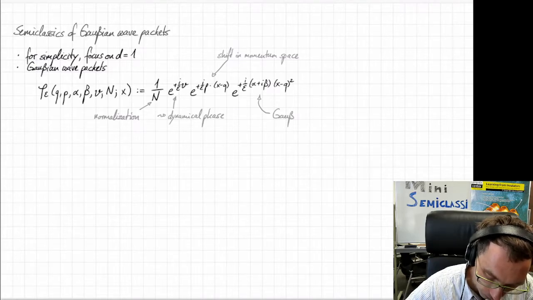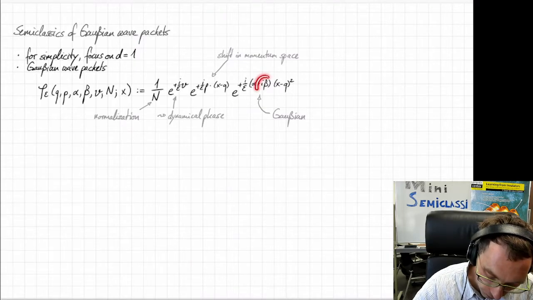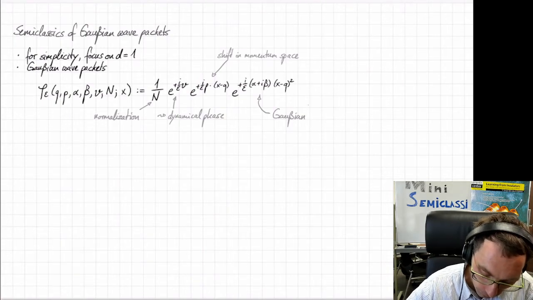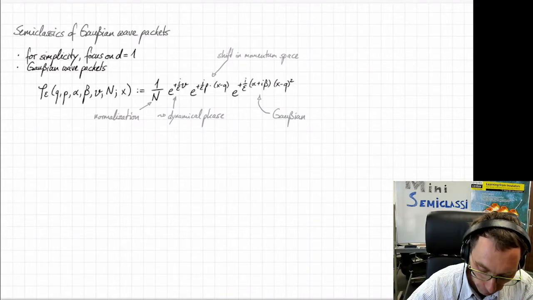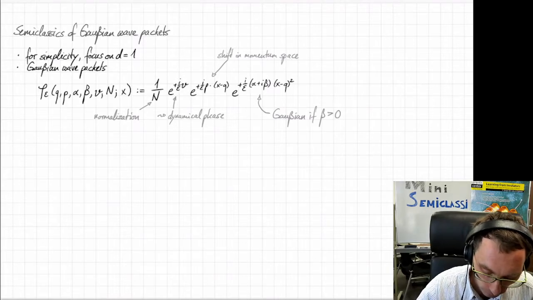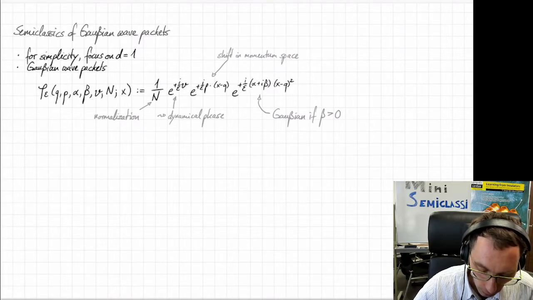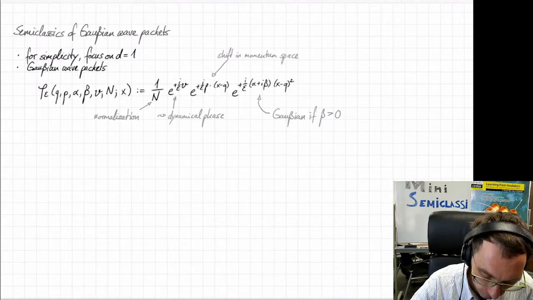And of course, if you have very good eyesight, you see that there's an i beta here, there's an i here, which gives me a minus beta. So this is only a Gaussian in the sense that it's super exponentially decaying if beta is positive. Okay, and this means we have already found our constraint manifold.